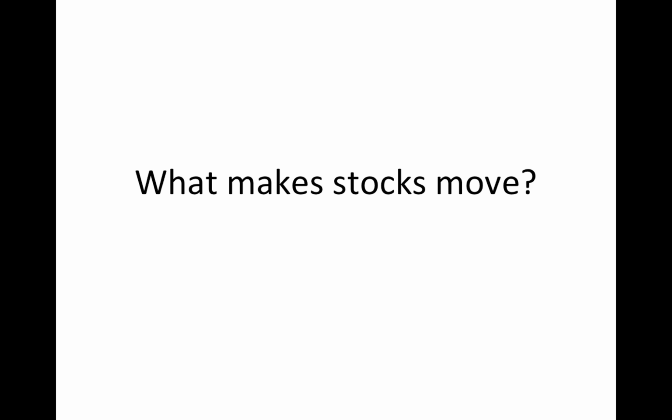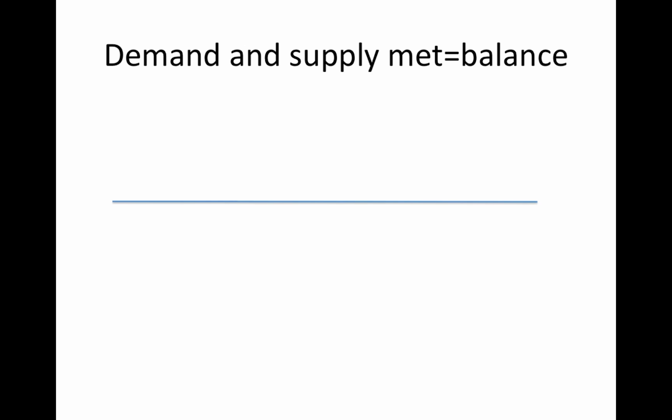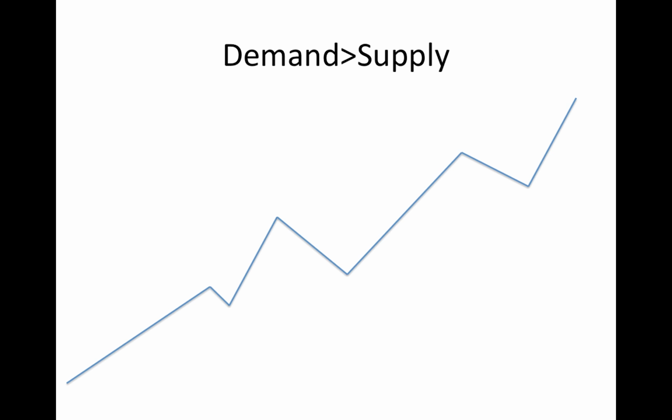Now, what makes a stock move? What I want to see is, as I said, an imbalance. When the demand and the supply are met, the stock won't move, all right? But if the demand is bigger than the supply, the stock will move up. More people want to long than people want to sell or short.